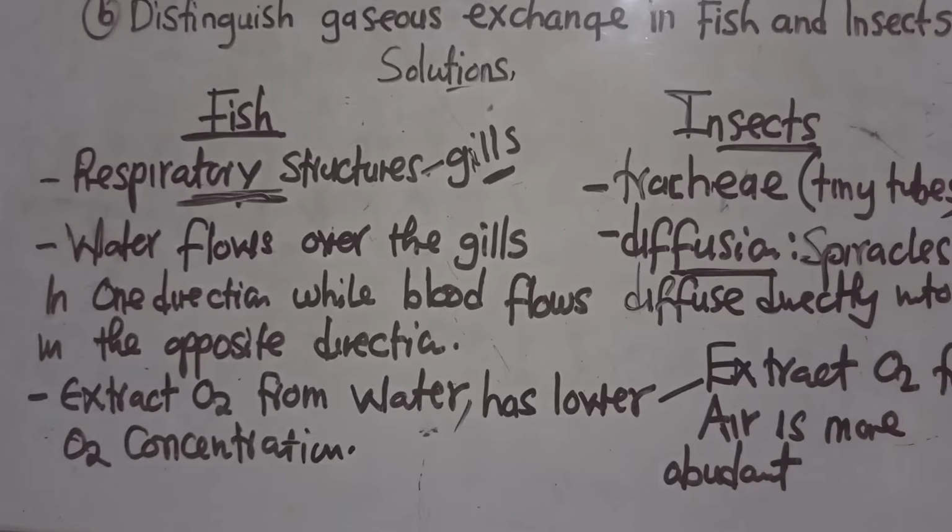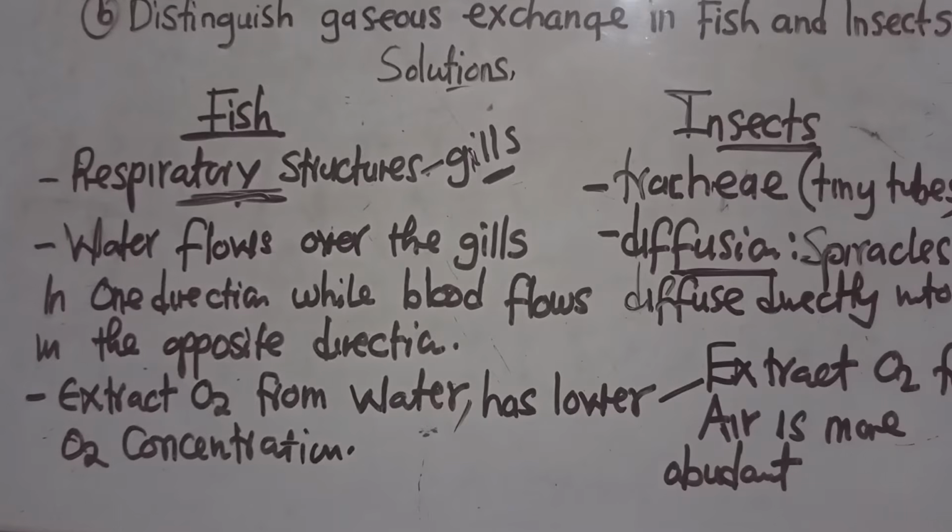Carbon dioxide will then travel in the opposite direction. Insects can regulate gas exchange by opening and closing their spiracles to minimize water loss. This is what you need to understand.